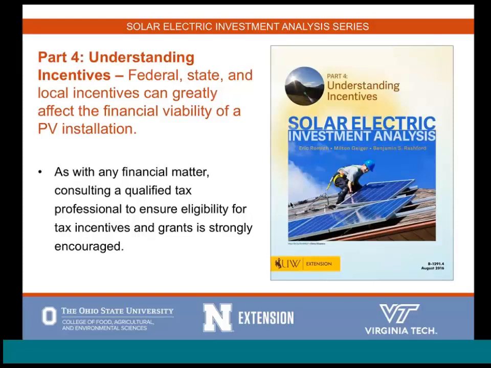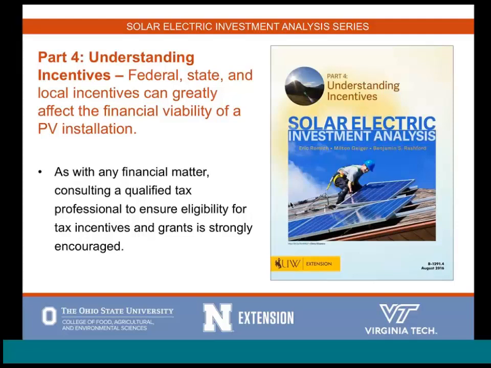So moving on, the fourth bulletin, and this is one that was a little bit difficult to put together, because we wanted this bulletin series to have applications across state lines that could be used by various extension departments. But it's just kind of in general to note that while the price is still dropping on PV solar projects, incentives still play a major role.